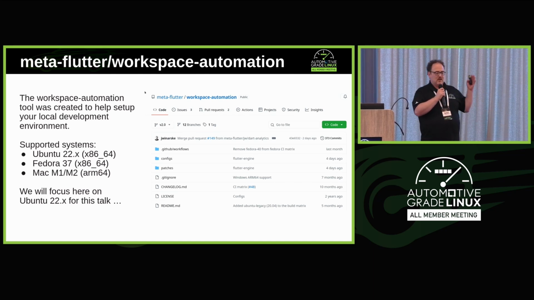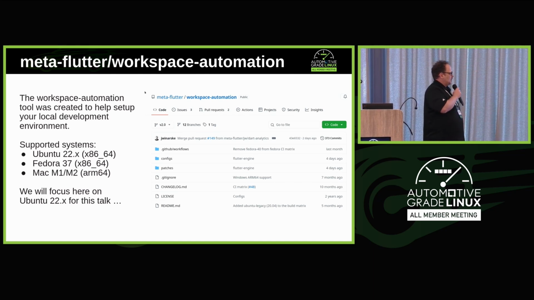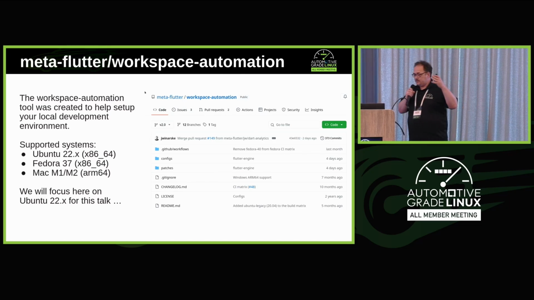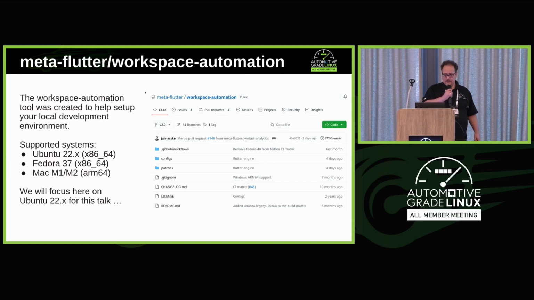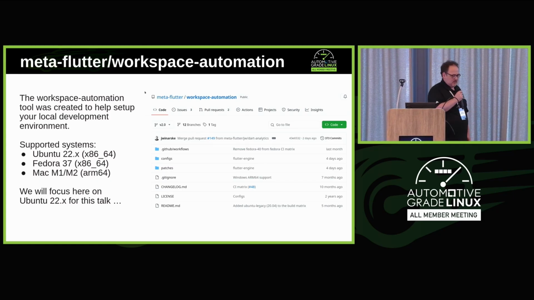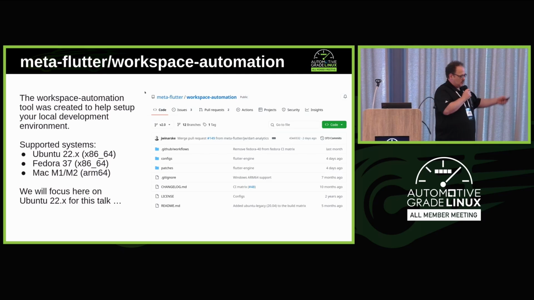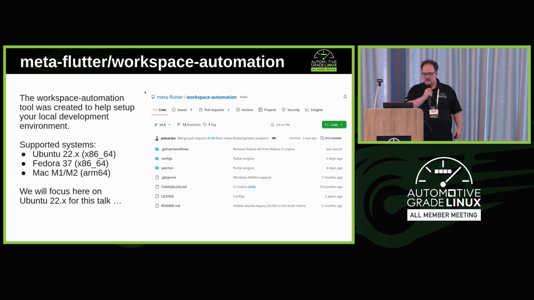So this is the helper that basically installs all the prerequisites and configures your settings. It's based on templates that are in the config folder, and we build upon that.